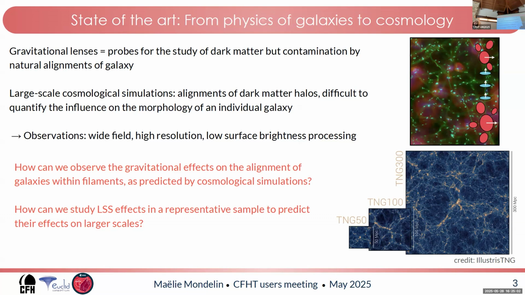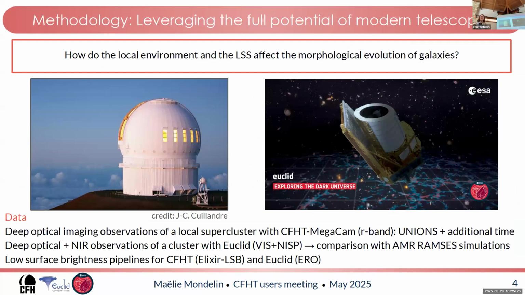So we need to have these wide field high resolution images of a large number of galaxies. And I propose to use the LSB, low surface brightness, processing on these images in order to extract the regions which can interact around galaxies. So for that, I'm using images of a local supercluster, observed at CFHT using MegaCam in the r-band.